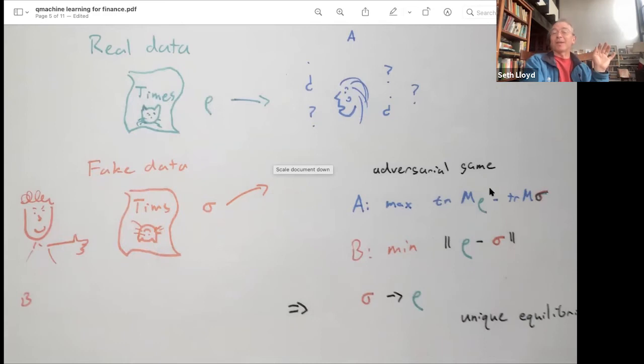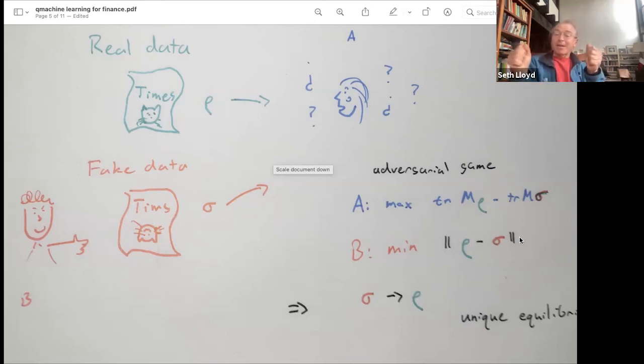In quantum mechanical terms, everything is matrices, so the measurement corresponds to a matrix. And Alice is trying to maximize the expectation value, which will just be the probability of her distinguishing correctly between the real and fake data. So she's looking over this set of positive matrices, and Bob is just trying to minimize the norm between the real data and the fake data.